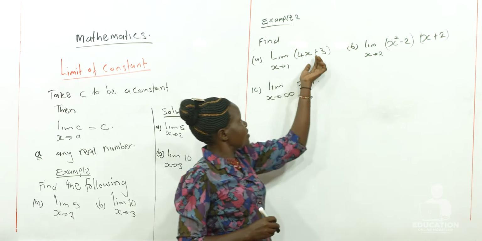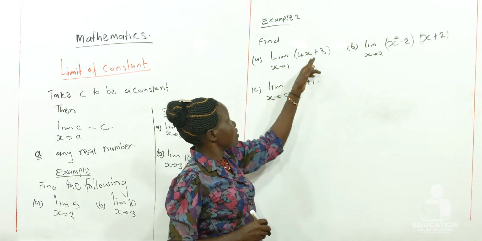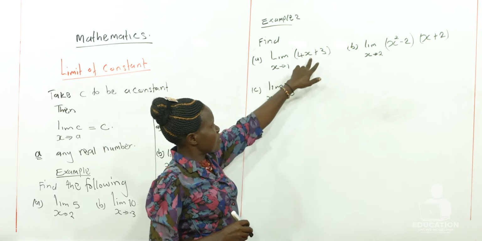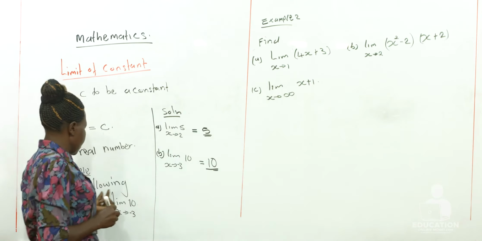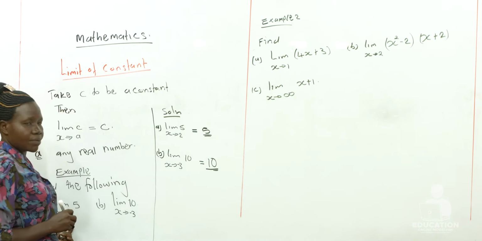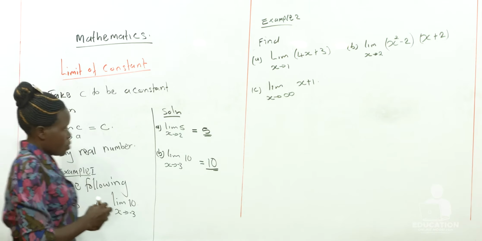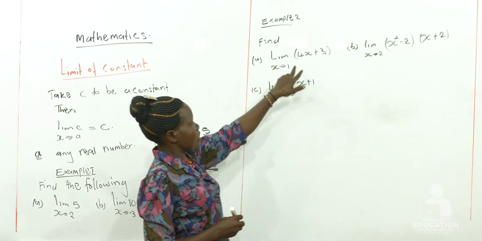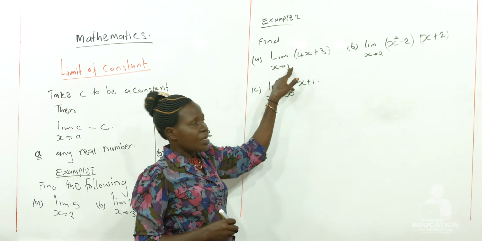And then here it contains x, this is a linear function. If it contains x, then it has a slight difference from example 1. So what do you do? You have to substitute the x with the value of x.